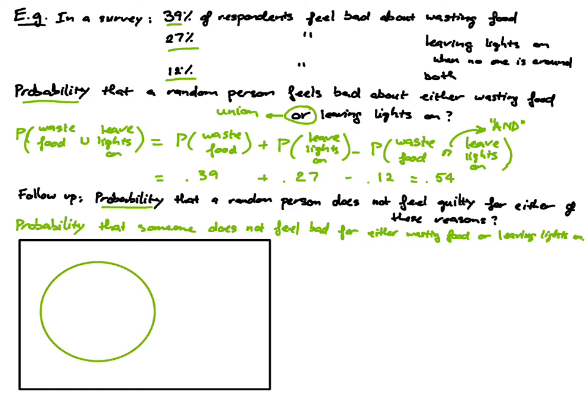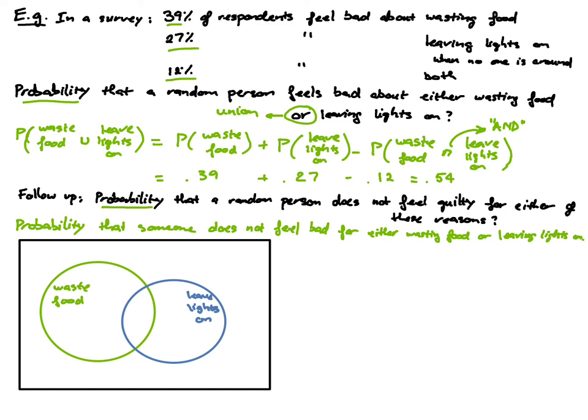So these are the waste food people. Then I have another circle that represents the people who feel bad about leaving lights on. So this is the leave lights on circle.